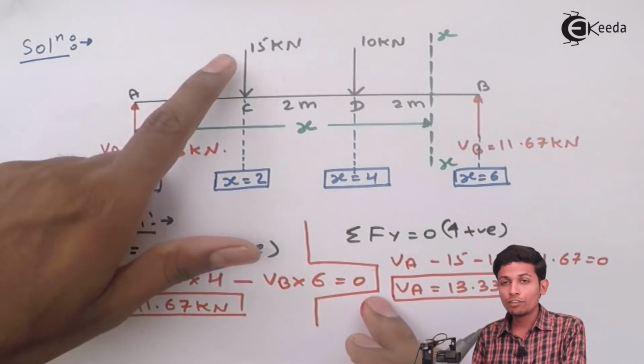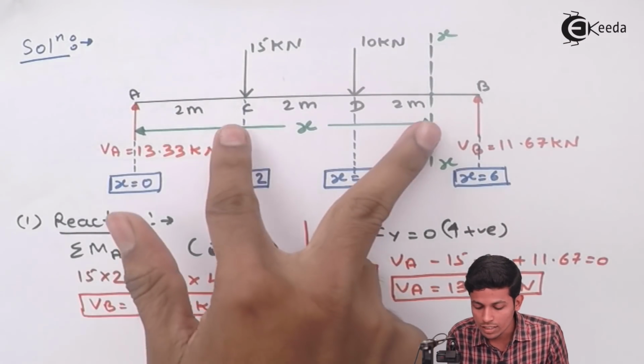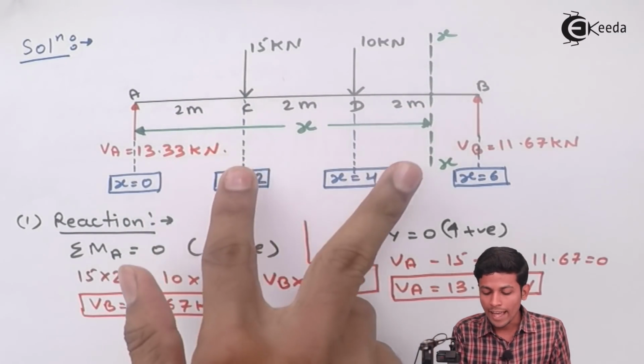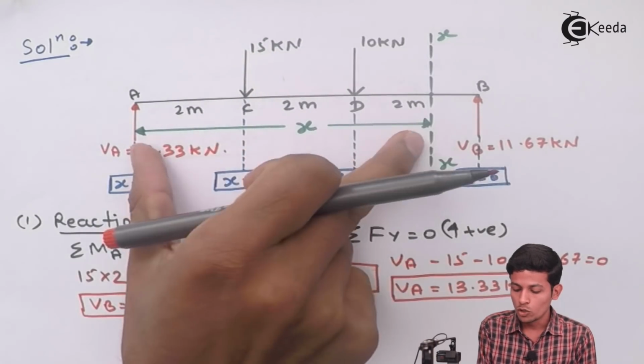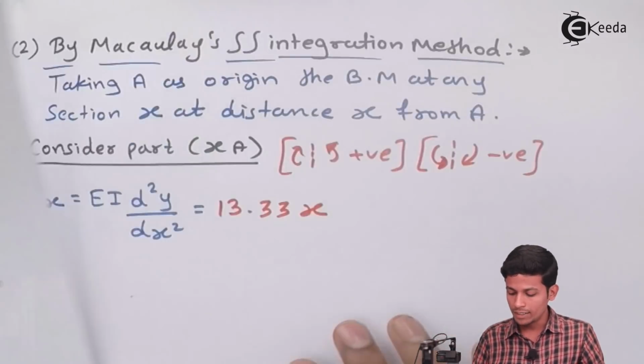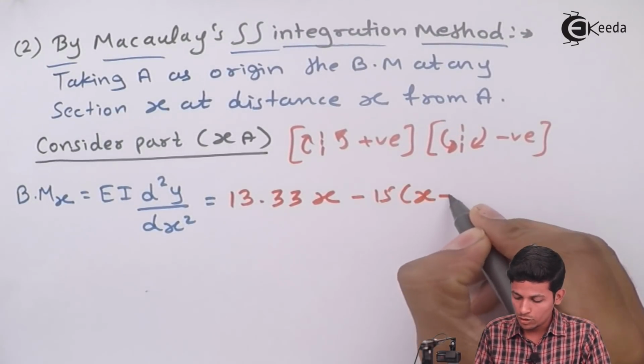After that, this 15 is going in this direction, so we want this distance. Then what is this distance over here? x minus this distance, which is 2. So minus 15 into x minus 2.